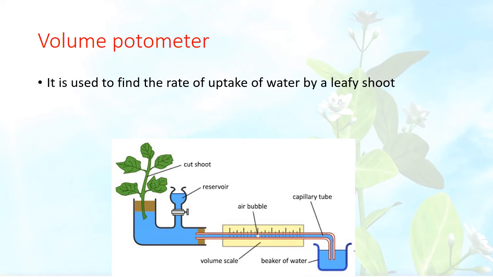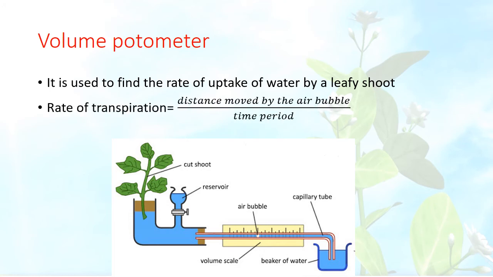Okay, we are allowing that leafy shoot to undergo transpiration over some time period. Then we measure the distance moved by the air bubble. You can find the rate of transpiration by using this equation: distance moved by the air bubble divided by time period.